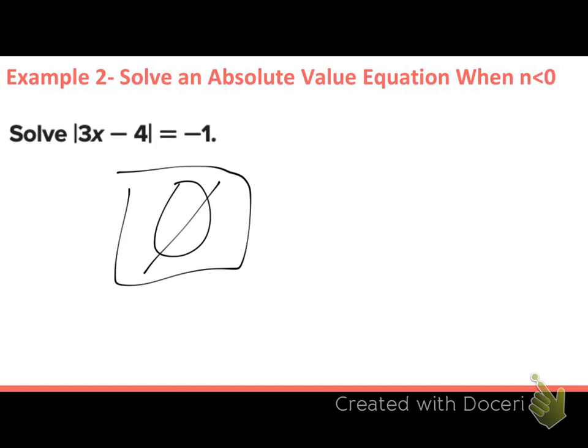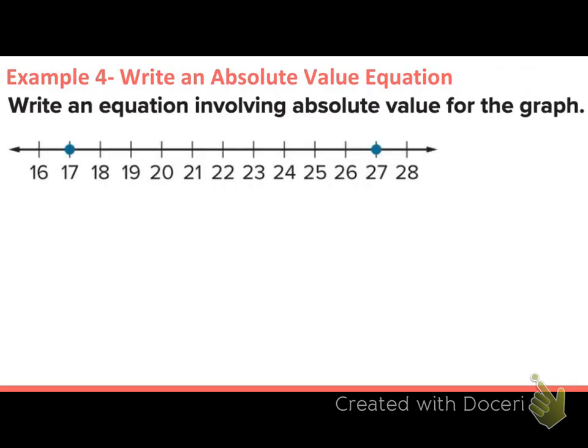So, before I decide it's no solution, I've got to make sure it's by itself, because once I do some adding or subtracting, multiplying or dividing, it might change this to positive to where I can set up my two equations. So always check first before you decide if it's no solution. Okay? Questions on example 2? Can I move on? Yes, sir.